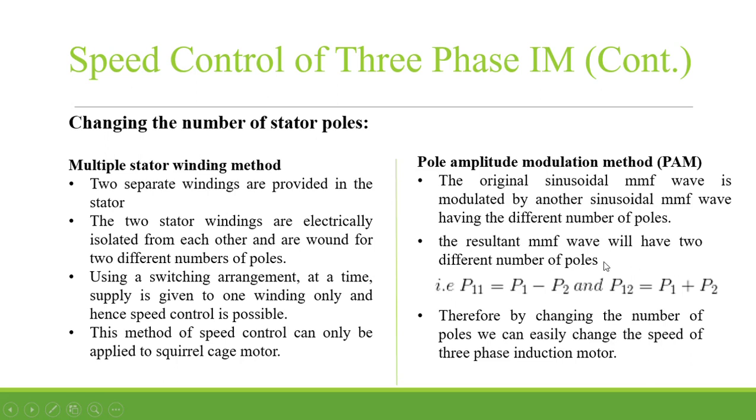If it is cumulative, then it will be P1 plus P2. If it is differential, then it will be P1 minus P2. So if we change the number of poles, then we can easily change the synchronous speed, and if we can change the synchronous speed, then surely the rotor speed can vary. So this is how speed control is done.